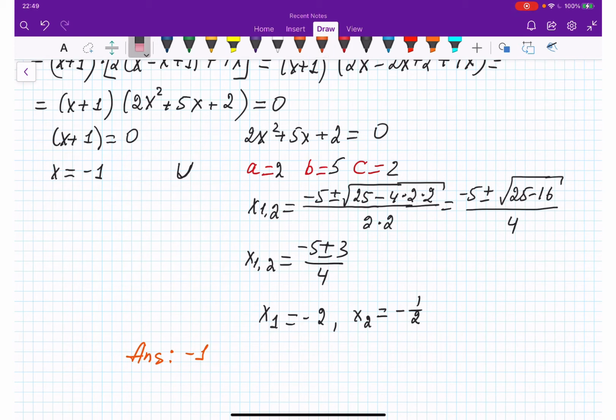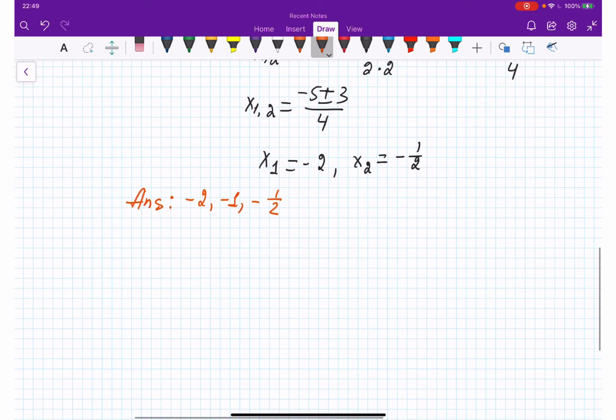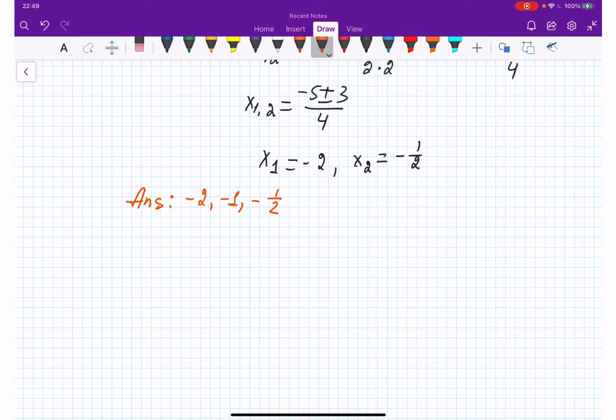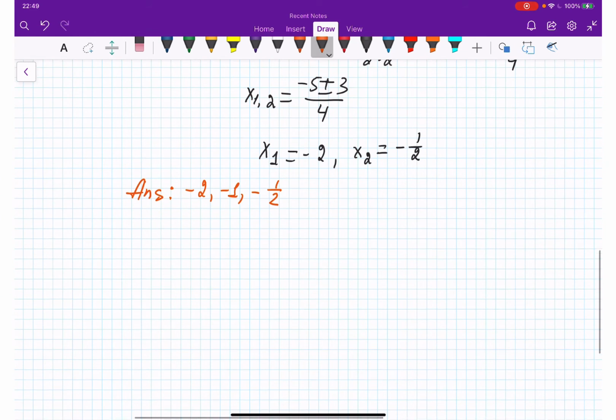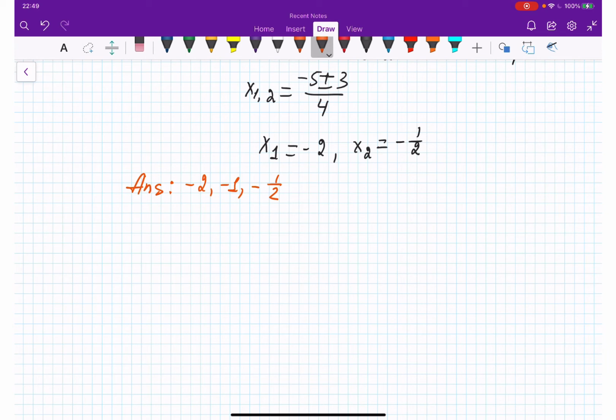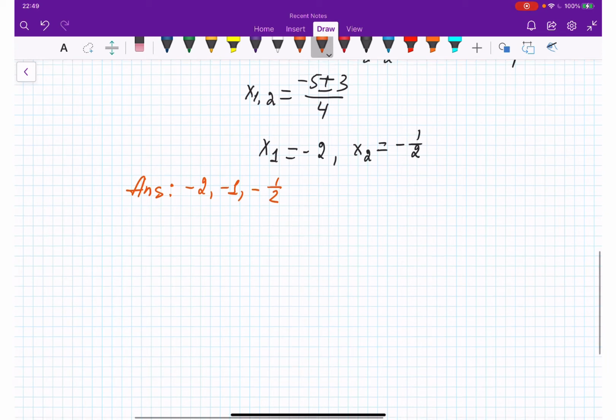Okay, let me start putting in order: negative 2, negative 1, and negative 1/2. I find it interesting. I don't know about you, but I kind of find it interesting to know how to solve higher degree equations.